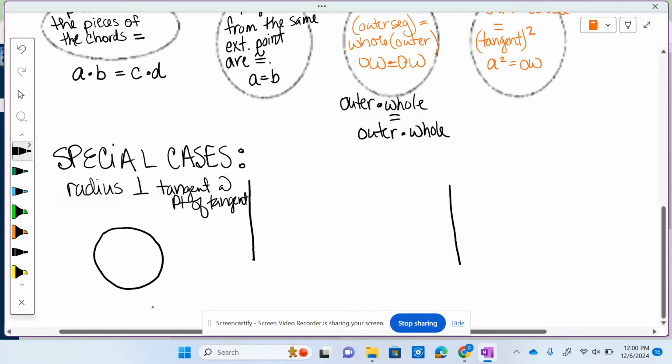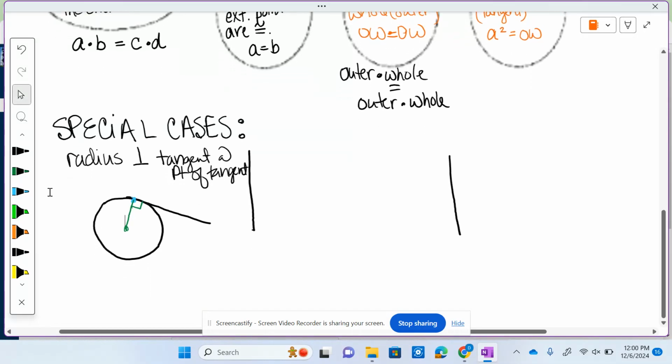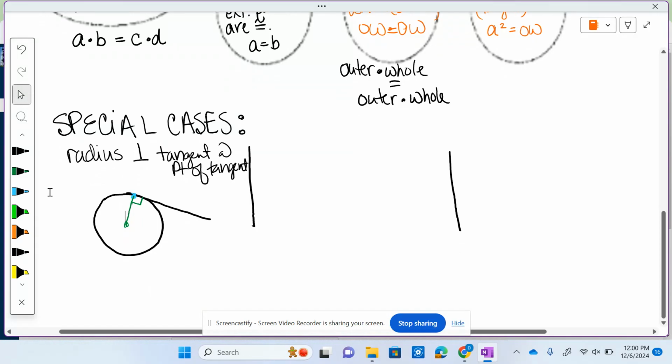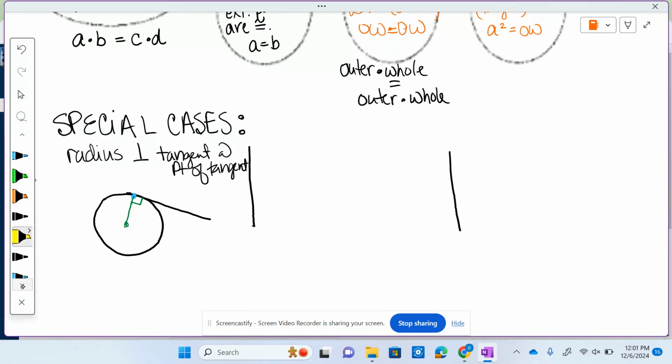This is my tangent. I'm going to say here is my point of tangency. Well, this radius is perpendicular to that. So how do we solve for something like this?